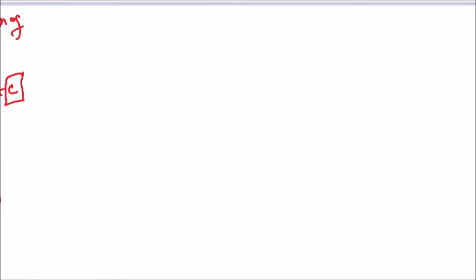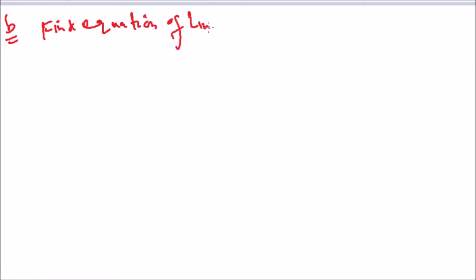Now the second part, part B. They say find the equation of the line that is perpendicular to line L. This sign is for perpendicular.